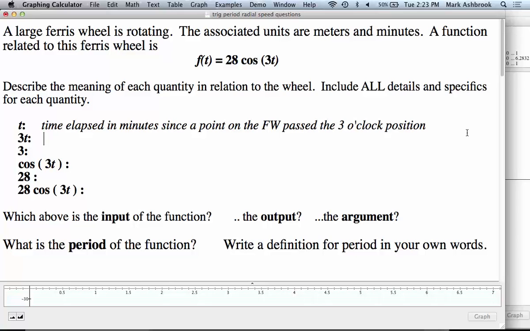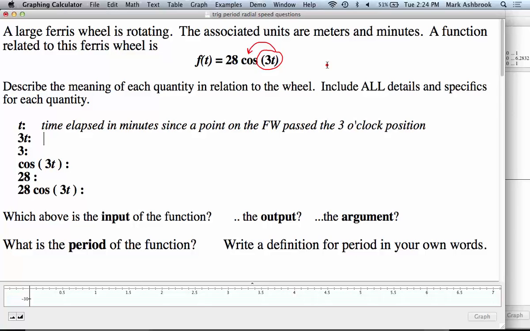Okay, what is 3t? Nadine, did you get 3t? It's 3 radians per minute. 3t, the whole quantity 3t. What is it? Here's the key. The whole quantity 3t means what?